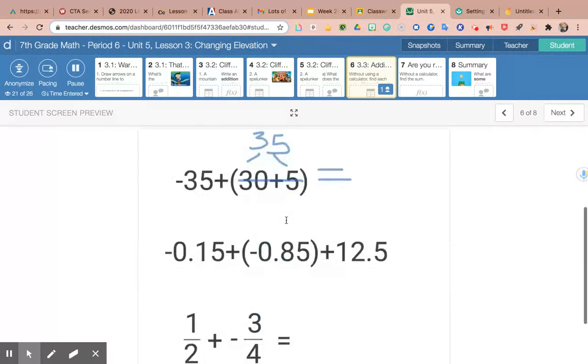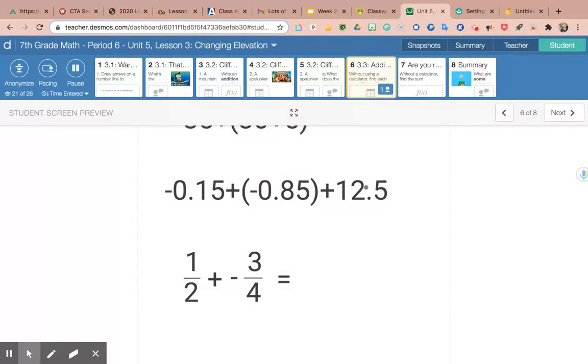For question 2, I have 3 numbers. In class, you guys told me, well, let's combine the things that have the same sign. So we have negative, negative, positive. So what we did first was we combined the 2 negatives, negative 0.15 and negative 0.85.